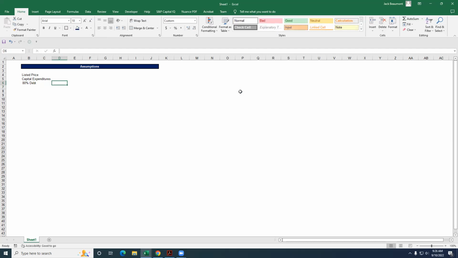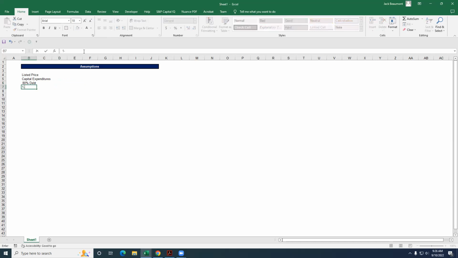It copies the same formatting, but it makes it easier, because if I just put in, let's say, 0.8% and tried to write in debt, and then tried doing equals 1 minus this, it doesn't work. So that's why I do this.